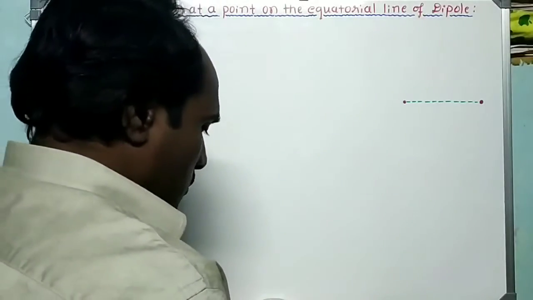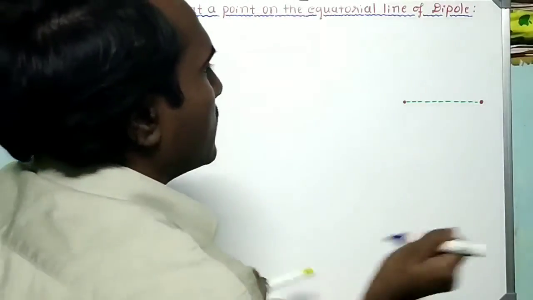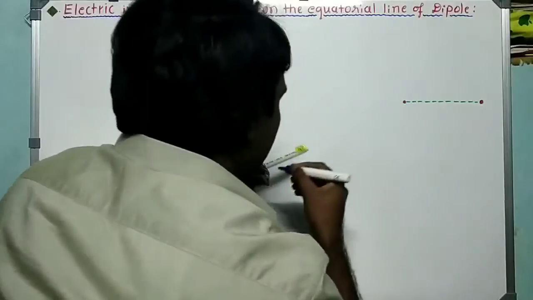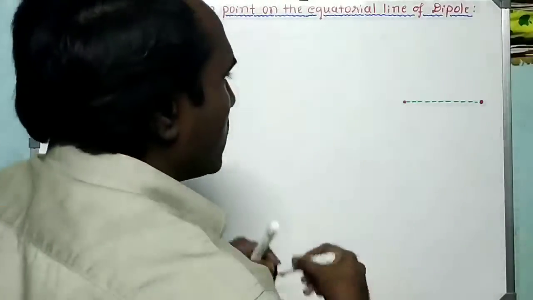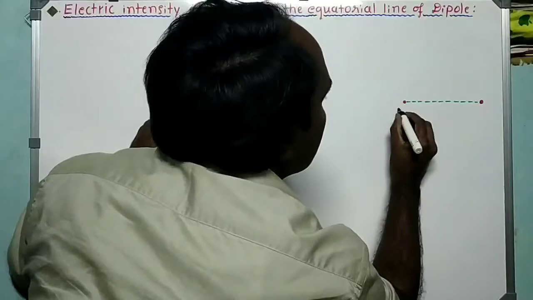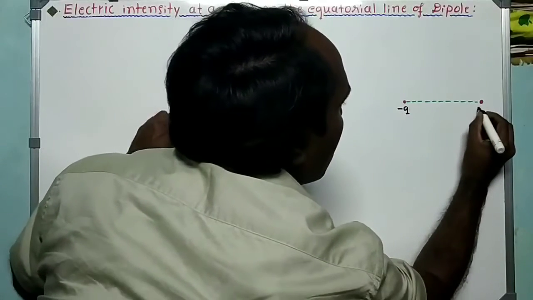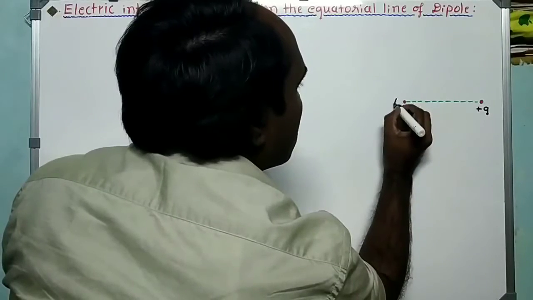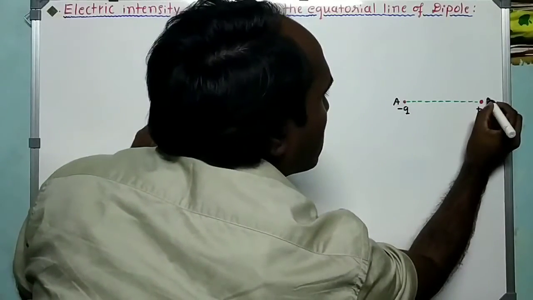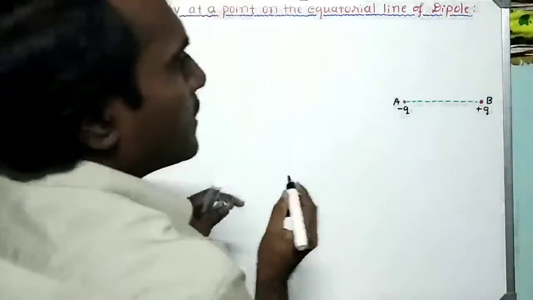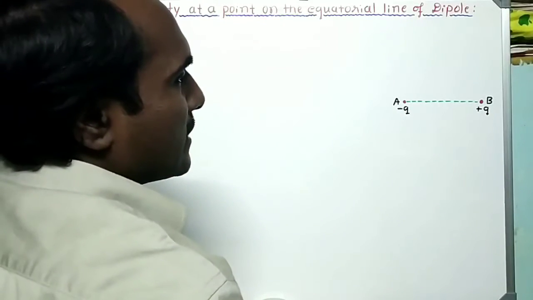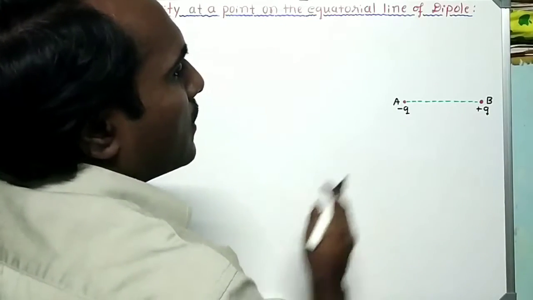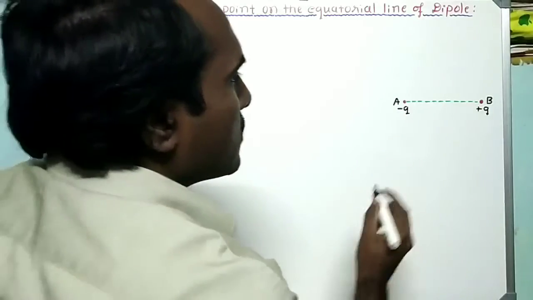Here two charges are there. First one is minus q, and this is plus q, and I will give the names A and B. Here AB is an electric dipole which is made up of minus q and plus q charges.